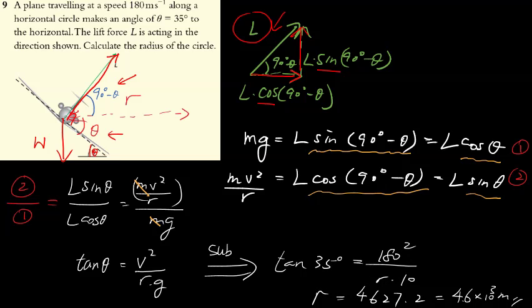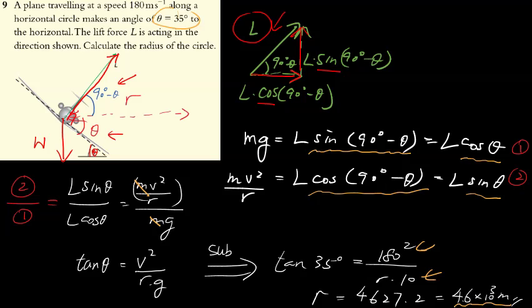By substituting everything from the question, theta equals 35 degrees, the speed, and g, which is 10. Oops, I should use 9.81, but anyway, that's the idea. Later on, you'll find the radius as 4.6 times 10 to the power 3.